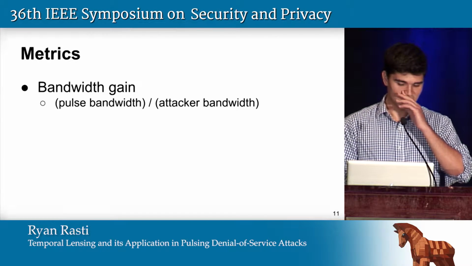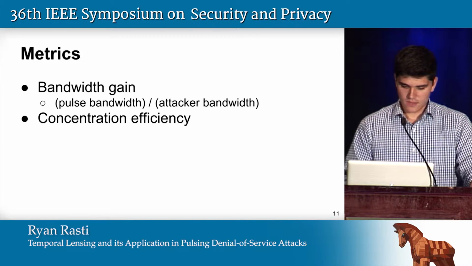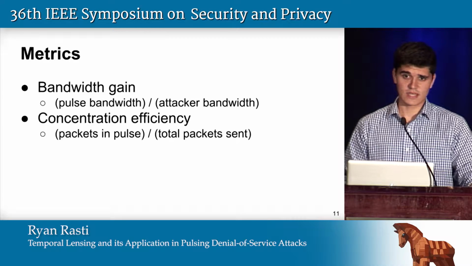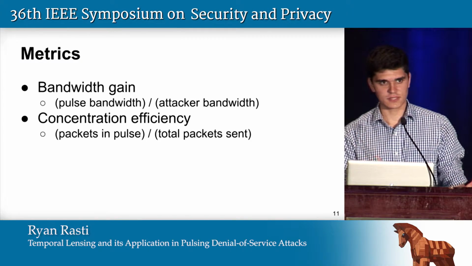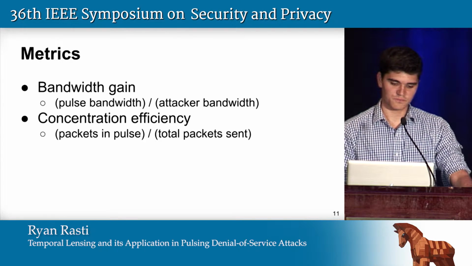An attacker would want a higher bandwidth gain. The second is concentration efficiency, which is somewhat similar. It's a measure of the proportion of packets that an attacker sends that actually land in the pulse and will actually be effective for the attack.